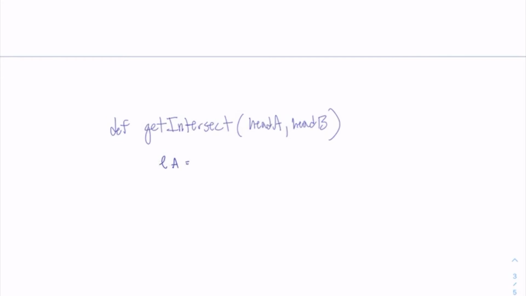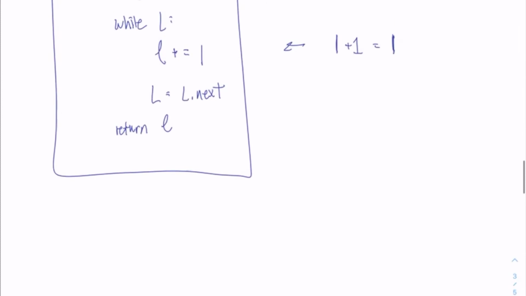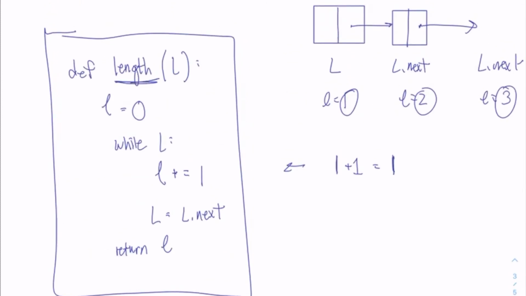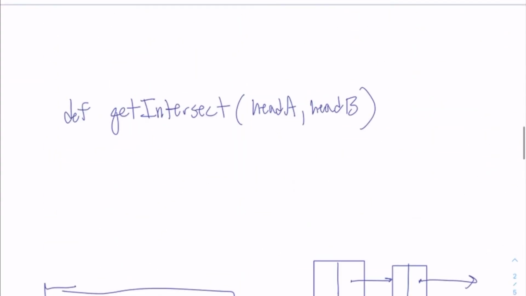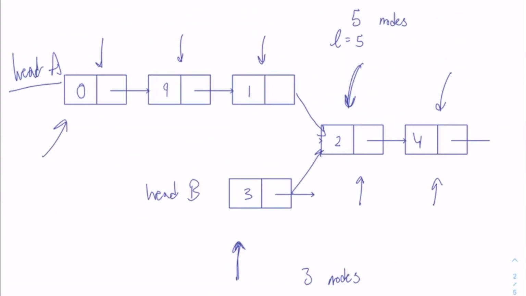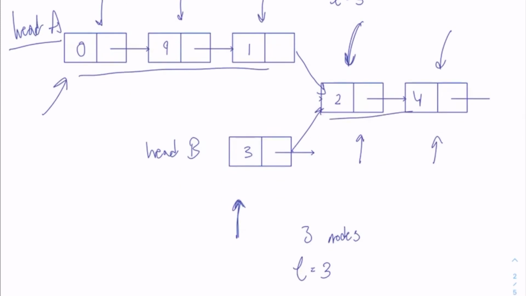In order to put this in our function, we have to call it like lowercase la equals length, which is our definition that we defined, and in brackets we'll have head A. Head A, as you can recall, is this linked list that we pass into the definition, and it's more specifically this linked list pattern.